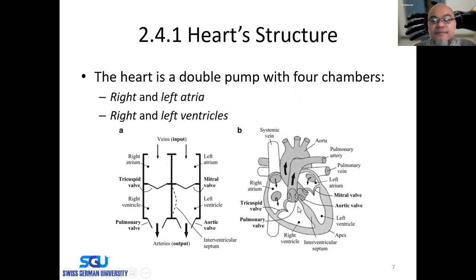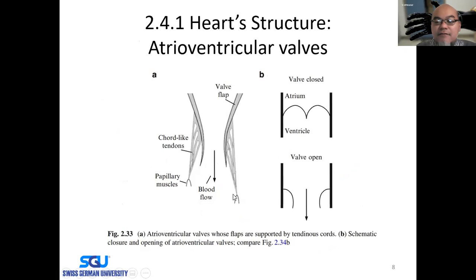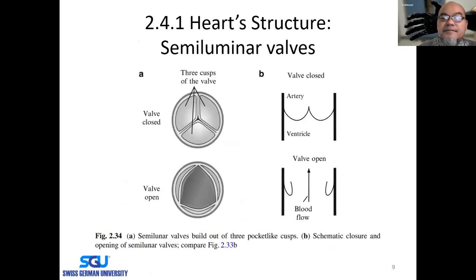Because of its shape, which looks like it has three leaves. Then the valve on the left side of the heart, from the left atrium into the left ventricle, is called the mitral valve. But both the tricuspid and mitral valves we call atrioventricular valves, the valves that border the flow between the atria and ventricles.